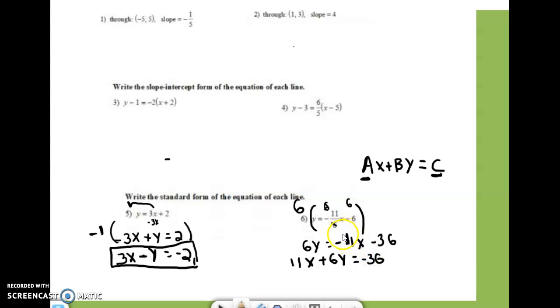Okay, so again, how I did that is I moved that over by adding it, right? Now I'm done. A is not negative. I have nothing in common for any of these, so I'm done.